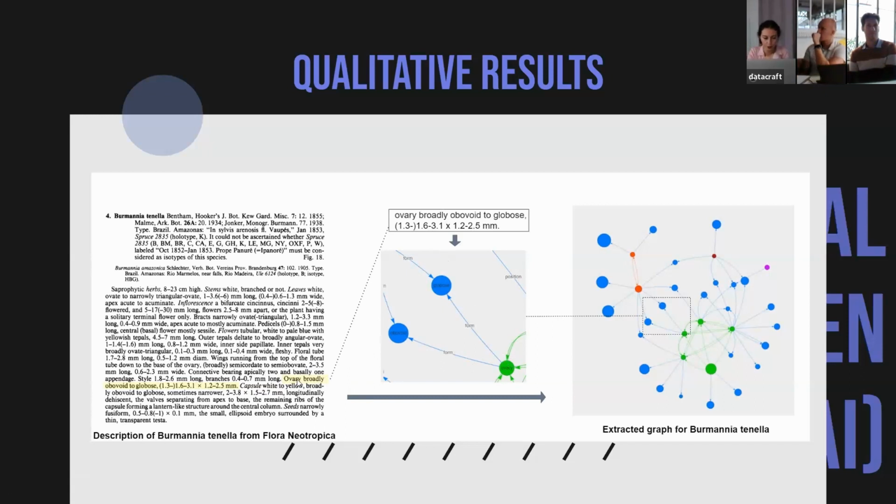So we extract the word ovary, we extract the words globose and ovoid, and we have the types of the descriptors, which are form for globose and form for ovoid also. So just by applying our framework, we can create these nodes, and by doing so for all the sentences we can create this graph here. Do you have any questions maybe on this part?